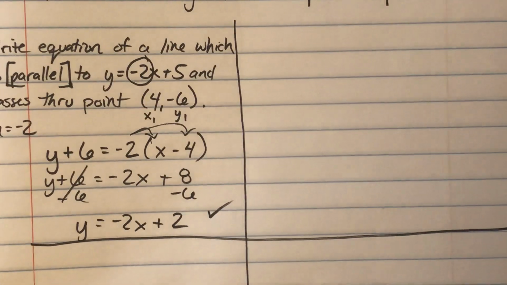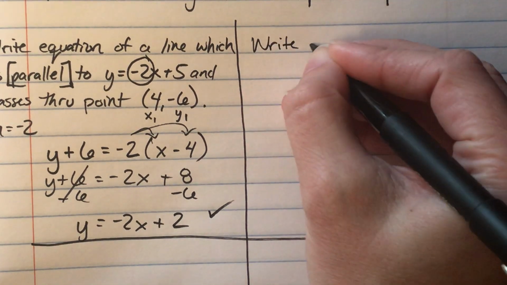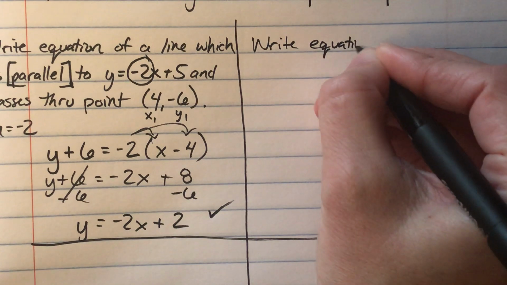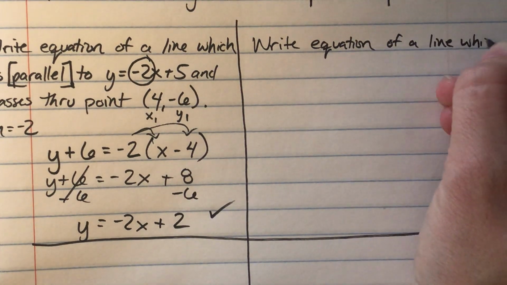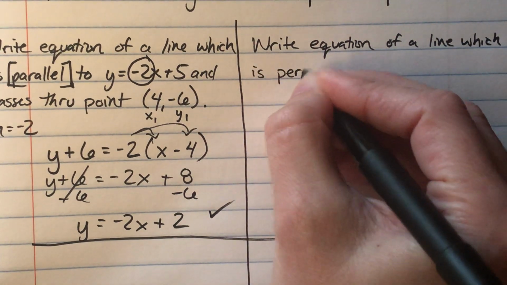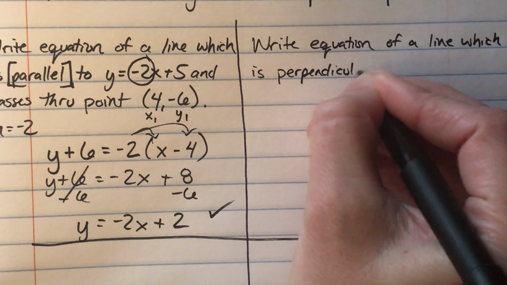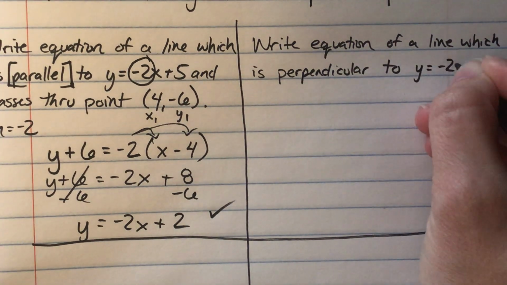All right, now we can do the same thing for perpendicular. So now we're going to write an equation of a line which is perpendicular to y equals -2x plus 5.